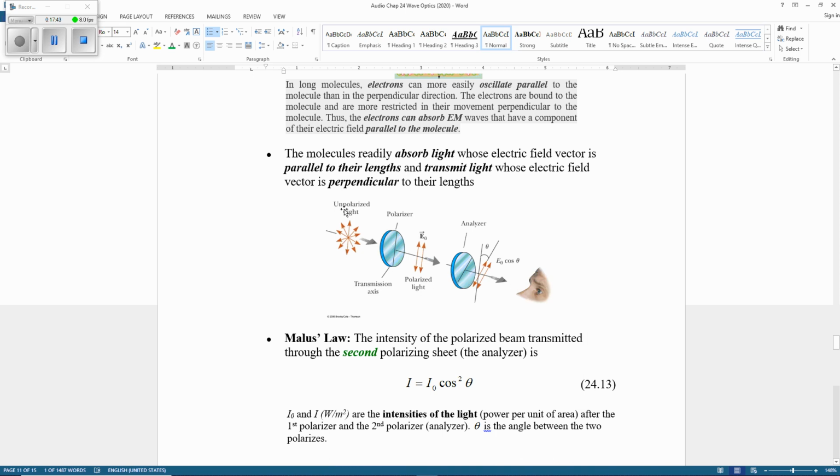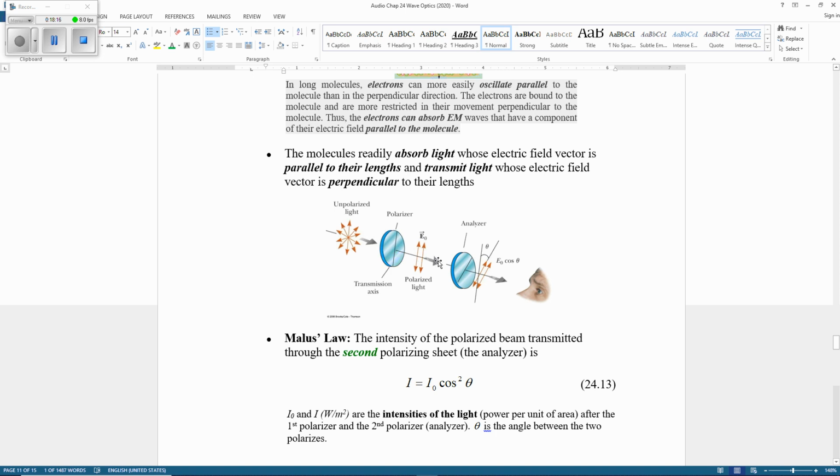This unpolarized light passes the polarizer, and this one here gives you the direction. After the light passes this polarizer, only this direction can pass. So overall 50% of the light is cut off. Only light with the electric field in this direction can pass.